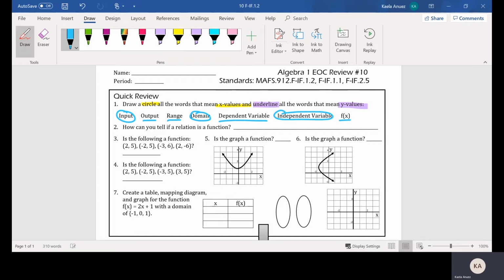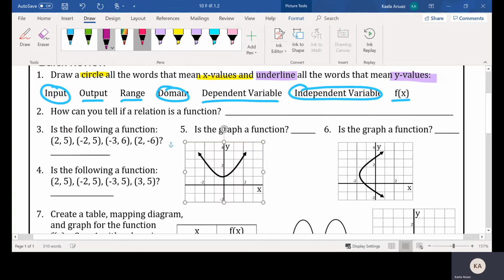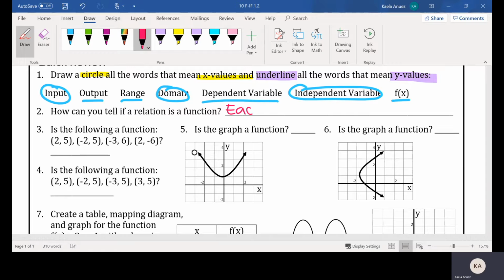Number 2 says, how can you tell if a relation is a function? Well, if a relation is a function, we know that each X value has only one Y value.